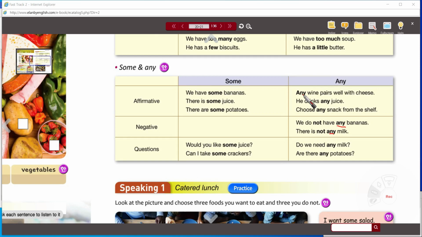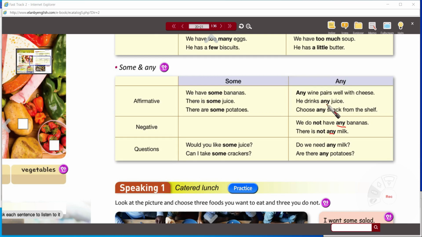In this case here, any is being used to distinguish one from many choices. So any wine pairs well with cheese, whether it's Merlot or Bordeaux or Pinot Noir. It goes well with cheese. So any wine is okay with cheese. Okay. So any wine of many choices.